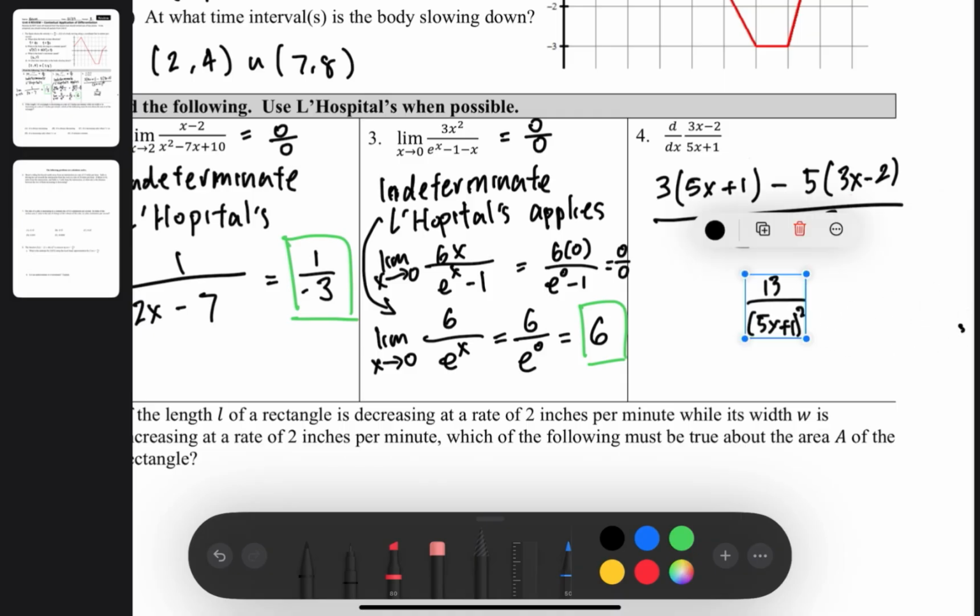Let's just move everything over. Put a box around it. And that's our answer.